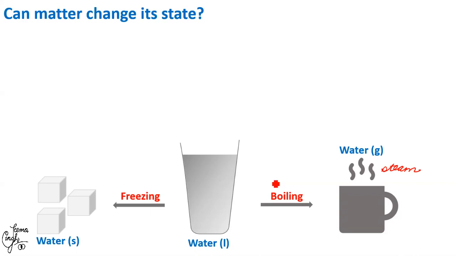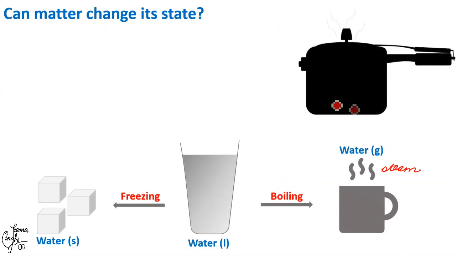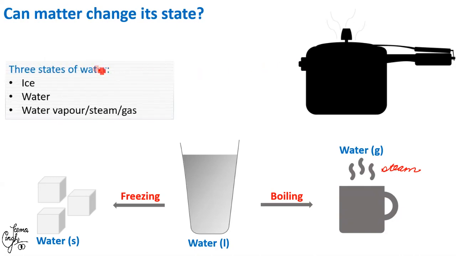I'm sure you know that the steam generated in your pressure cooker is responsible for cooking rice, vegetables, pulses quickly. So these are the 3 states of water. Ice, the solid form; water, liquid; water vapor or steam or gas is the gaseous form of water.